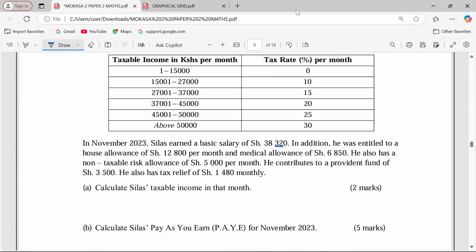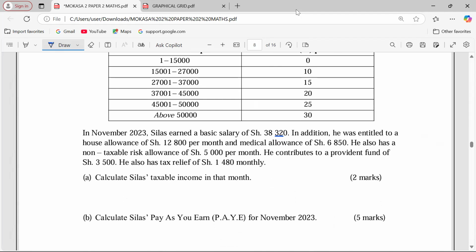We are told that in November 2023, Silas earned a basic salary of 38,320 Kenya shillings. In addition, he was entitled to a house allowance of 12,800 shillings per month and medical allowance of 6,850 Kenya shillings.